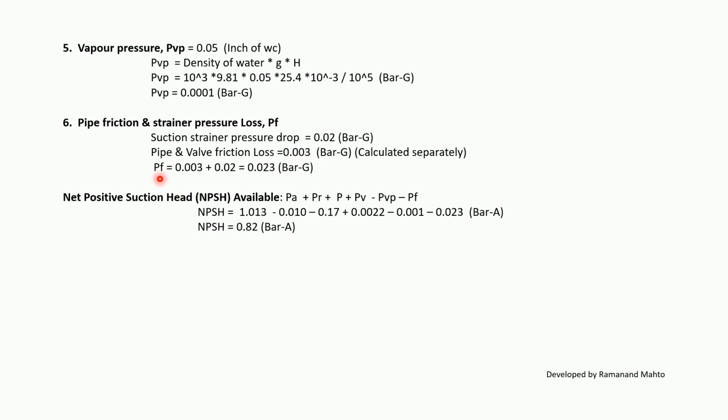So total pressure loss PF is equal to 0.003 plus 0.02, which is coming 0.023 bar gauge. So net positive suction head pressure available is equal to PA plus PR plus PS plus PV minus PVP minus PF. So putting all these values, it is coming as 0.82 bar absolute.